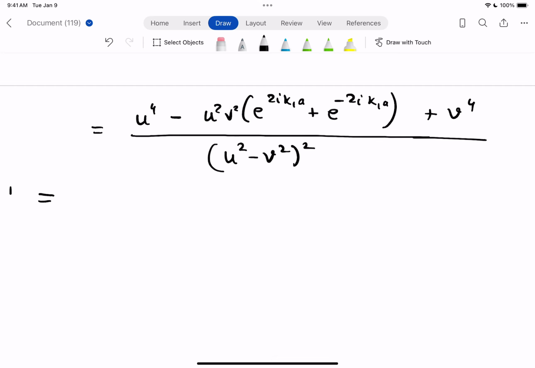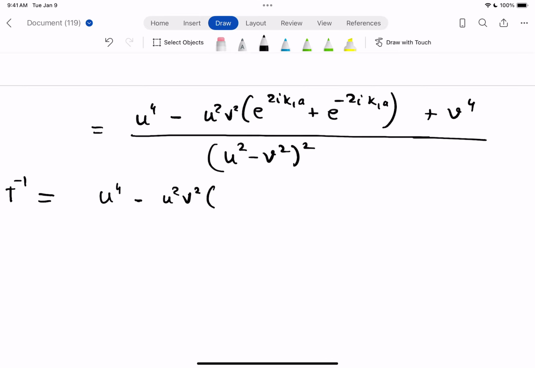So remember that this is T inverse. So u to the power of 4 minus u square v square. We can replace this, if you use Euler's theorem or something, cosine theta plus i sine theta.